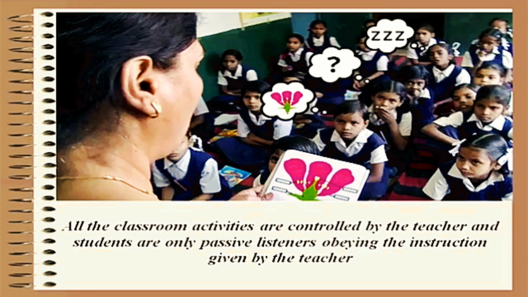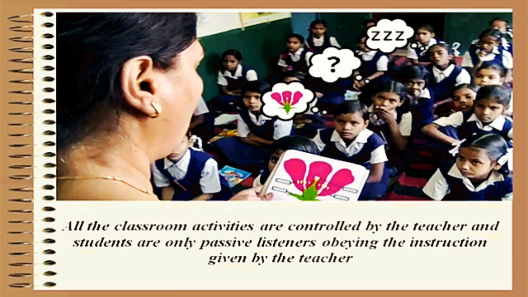Now, from this illustration, you must have noticed that all the classroom activities are being controlled by the teacher, whether it's the sitting arrangement, the explanation of the content, maintaining discipline, asking questions, dictating notes, doing question answer activities, correcting the mistakes of students, or praising them. All of these activities are controlled by the teacher, and students are only passive listeners obeying the instructions given by the teacher.